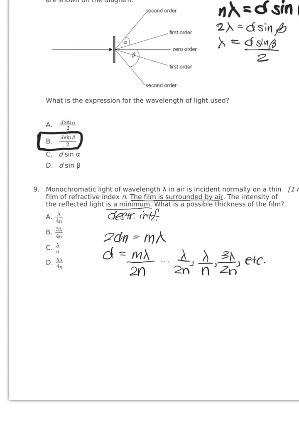I can see that lambda over n is a possible answer. And 1/4 is not a thing, 3/4 is not a thing, 5/4 doesn't seem to be a thing. It's either 1/2, 1, 3/2, 2, etc. So in any case, lambda over n does satisfy the condition, so C is our answer.